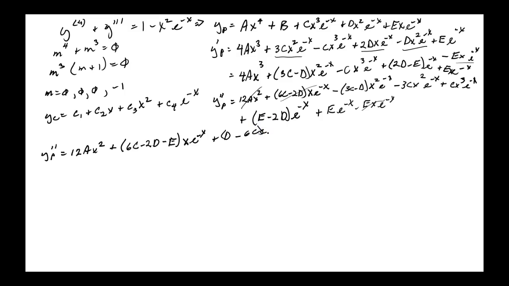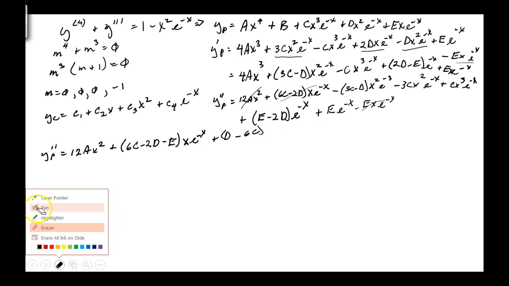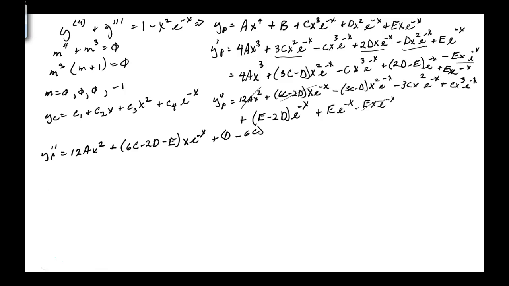Goodness gracious. If I don't look exactly where I'm writing, it does all sorts of strange things. Okay. d minus 6c, x squared e to the minus x. So that takes care of those two terms.